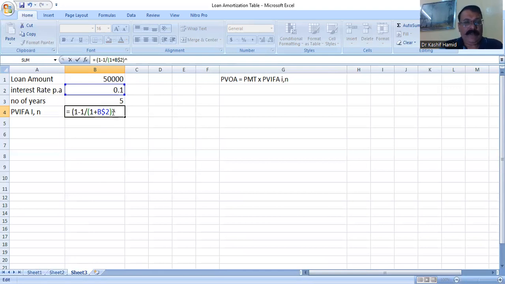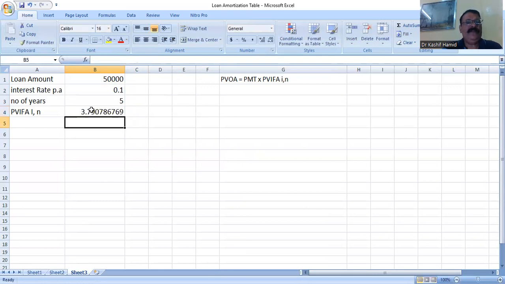Because it is for 5 years, we close this function. After closing this component, it will be divided by the interest rate, which we fix again.